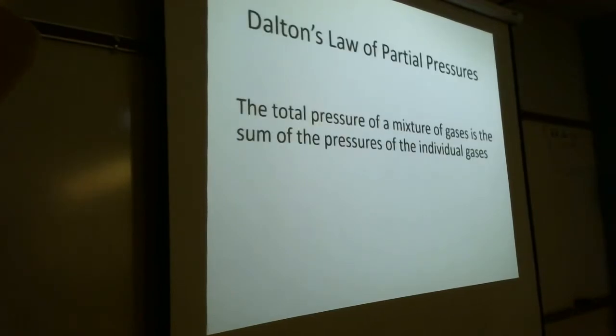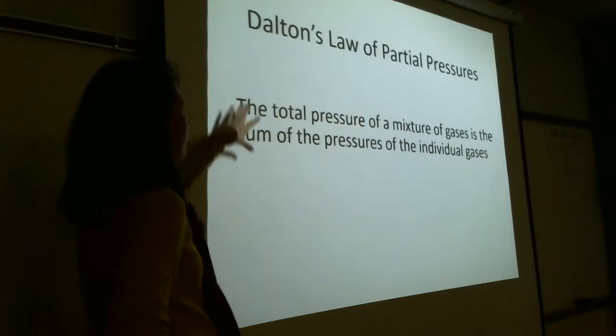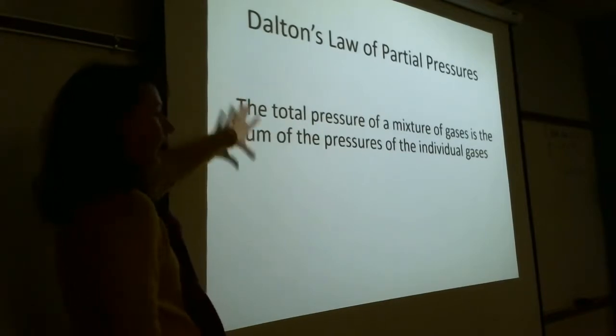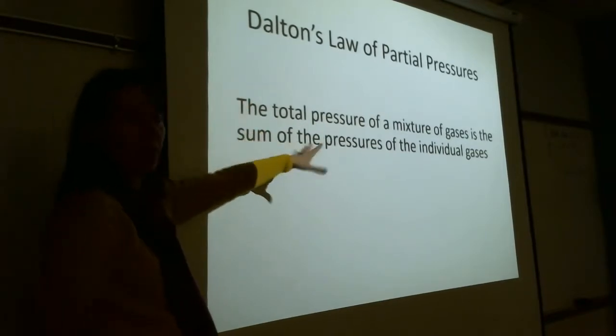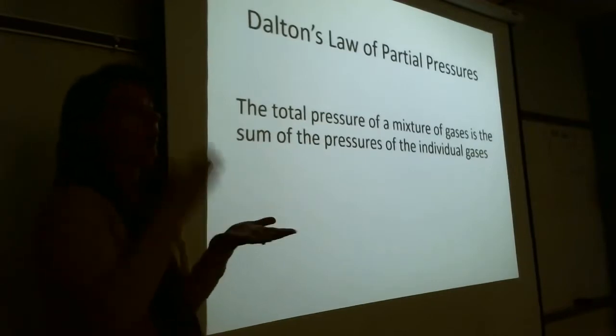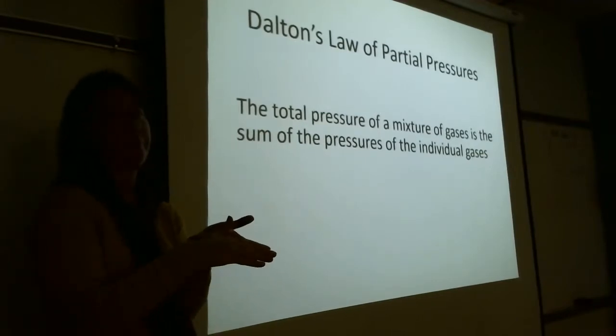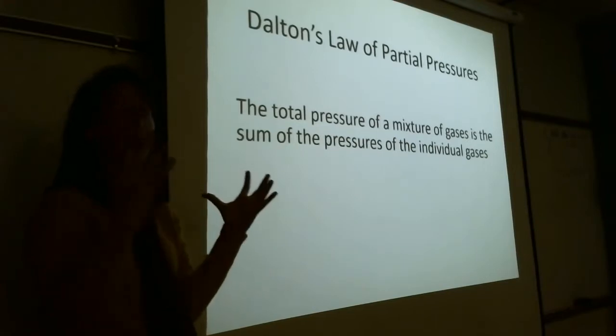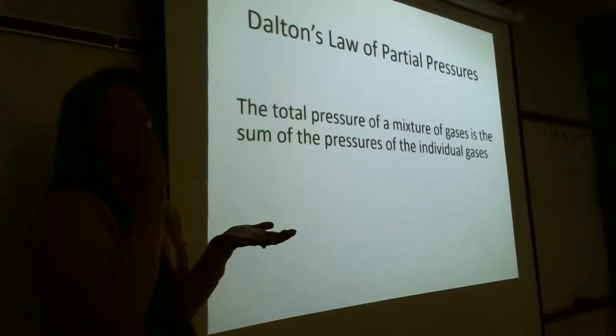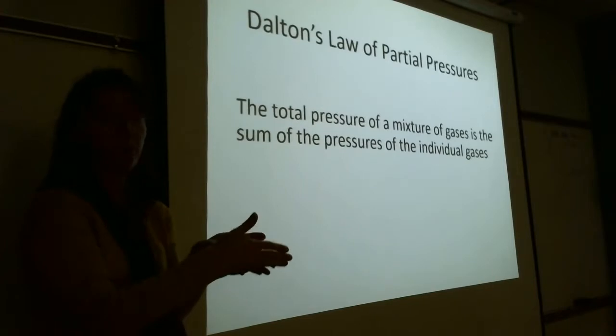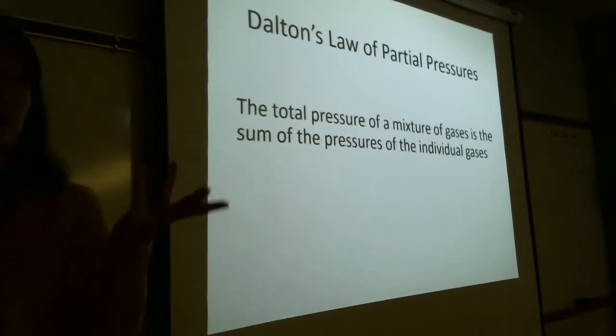All right, so let's talk about Dalton's law first. Dalton's law says that the total pressure of a mixture of gases is the sum of the pressures of all the individual gases, right? So if I've got a mixture that contains argon and helium and nitrogen, then the total pressure would be the pressure of the argon plus the pressure of the helium plus the pressure of the nitrogen. That's what Dalton's law says.